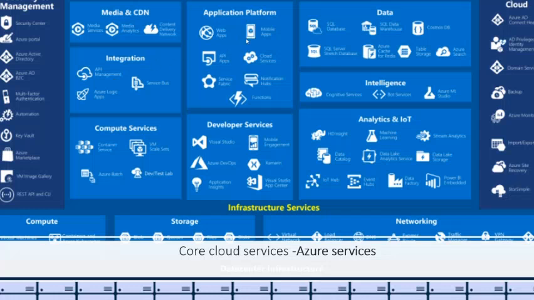You have application platform: web apps, mobile apps, API apps, cloud services. We will talk about them a bit later. We will have practical experience on how to use web apps and API apps.